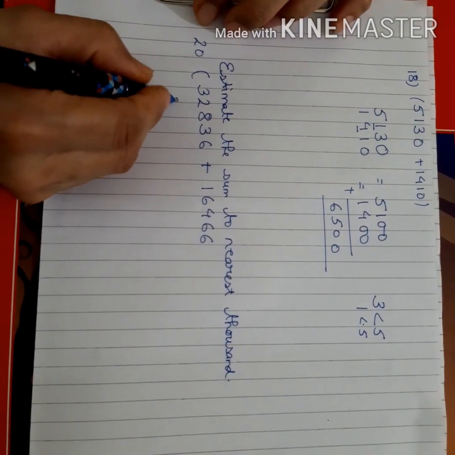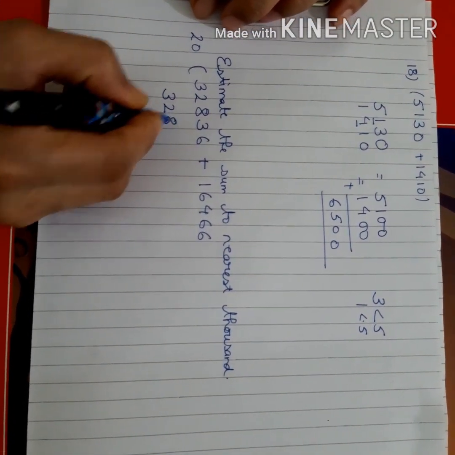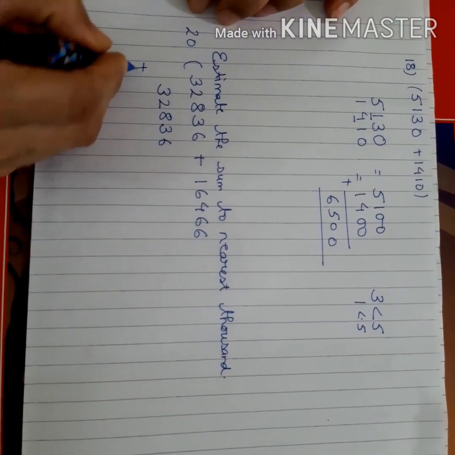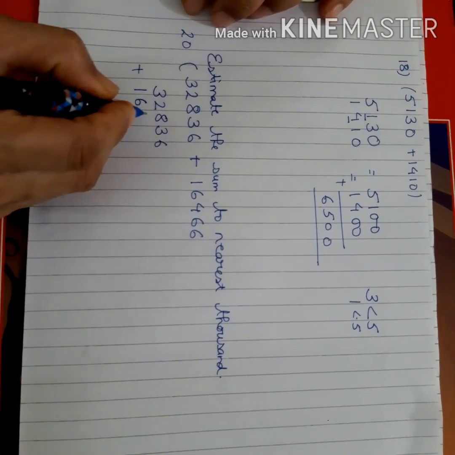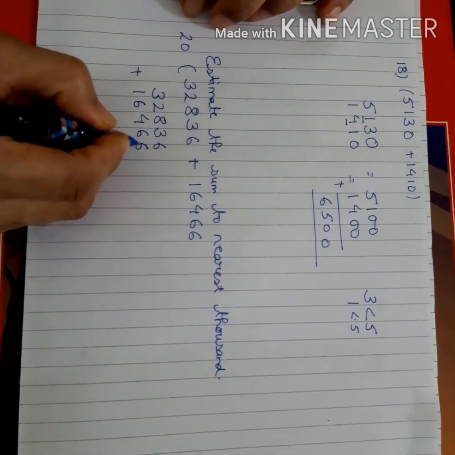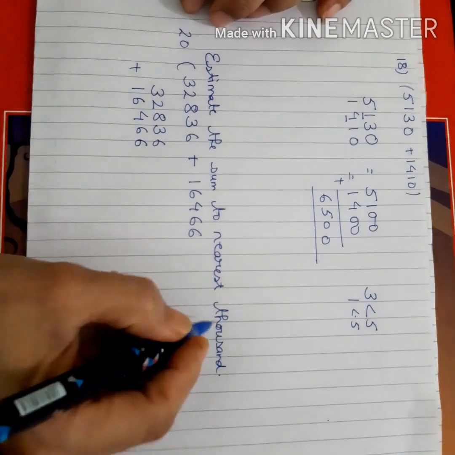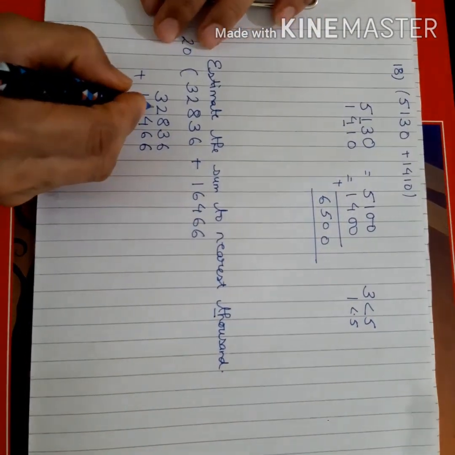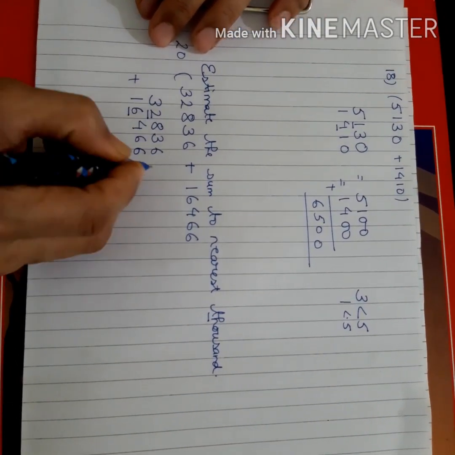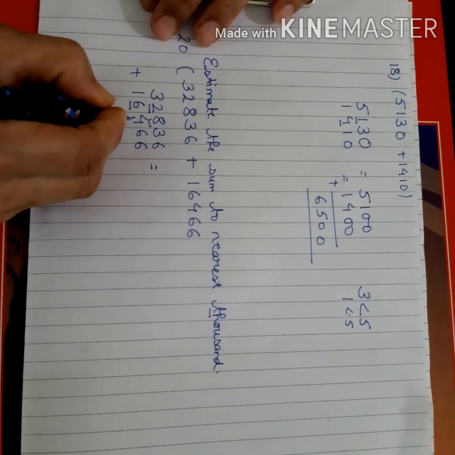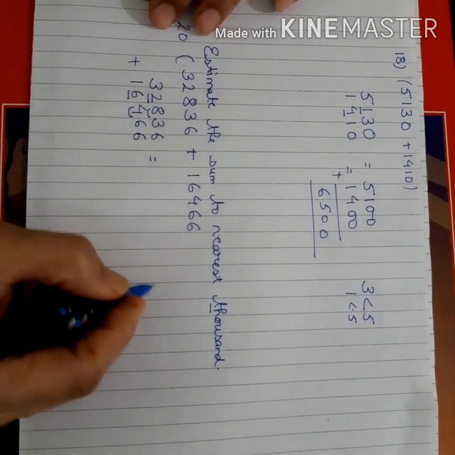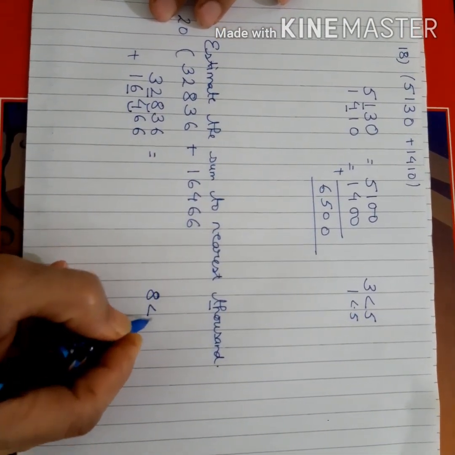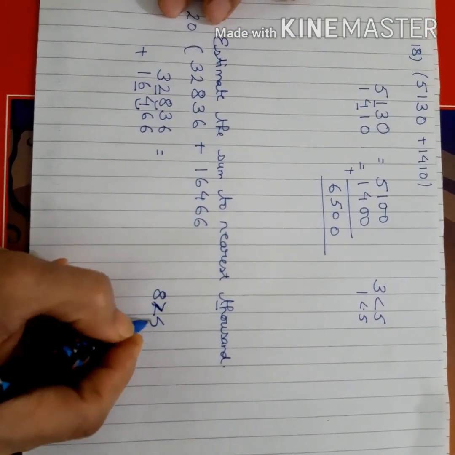From question number 20, we have to estimate the sum to the nearest 1000. In 32,836 plus 16,466, we are rounding off to the nearest 1000. So we will underline the 1000th digit and we will check the 100 digit. Now 8 is more than 5.